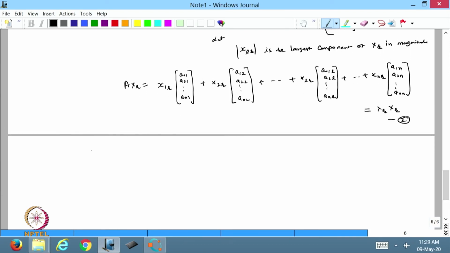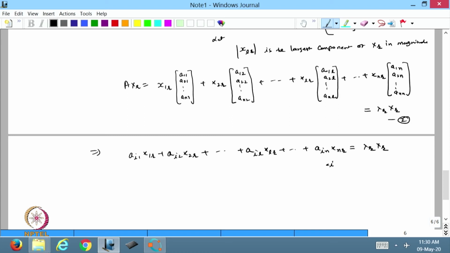From here, I can write this in terms of A i: A i 1 into x 1 r plus A i 2 into x 2 r, up to A i l into x l r, up to A i n into x n r, that is equal to lambda r x r for all i.